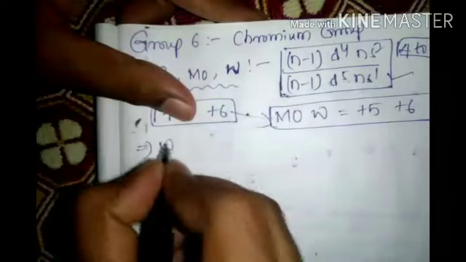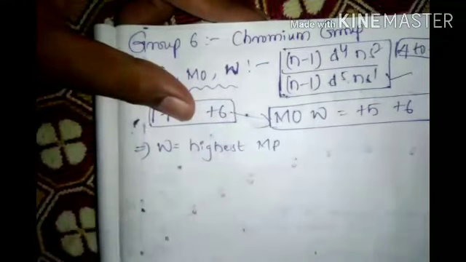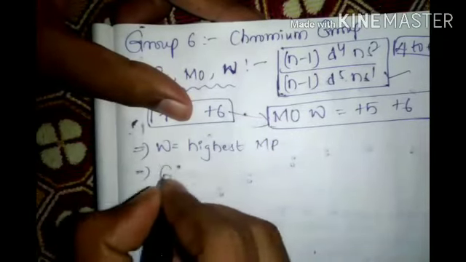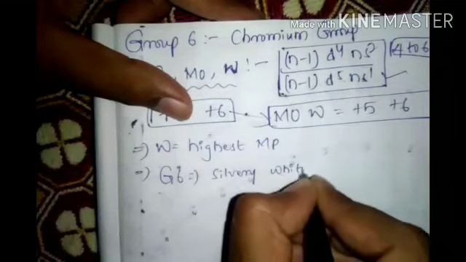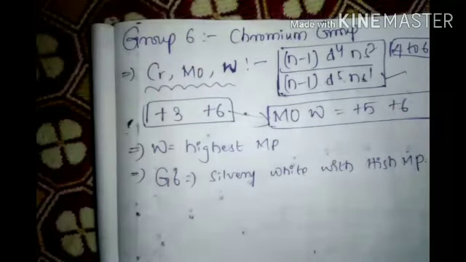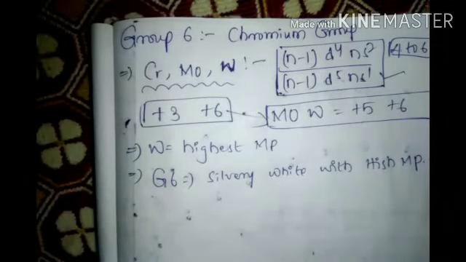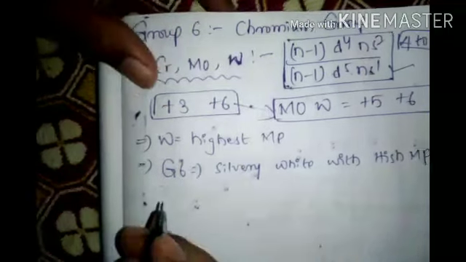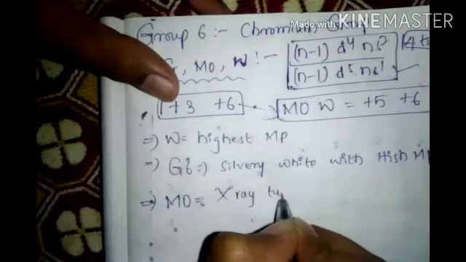As everybody knows, wolfram has the highest melting point. Molybdenum is used in X-ray tubes.